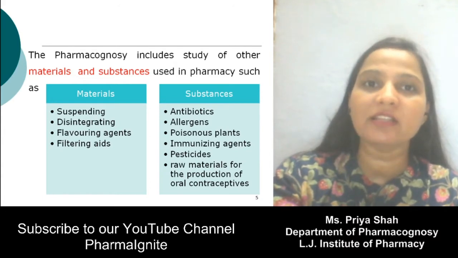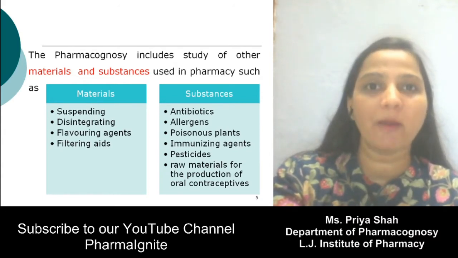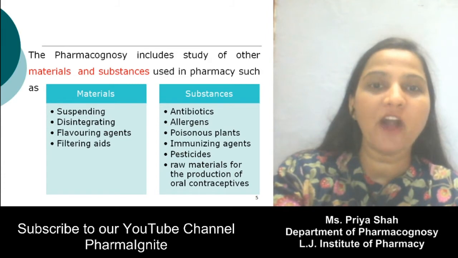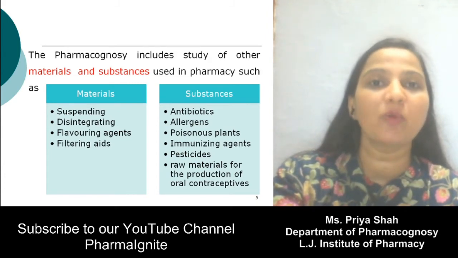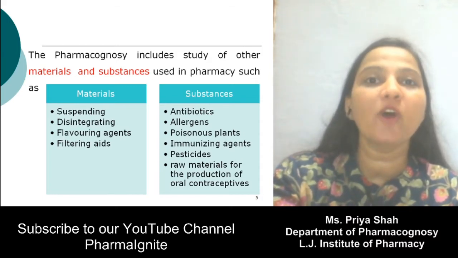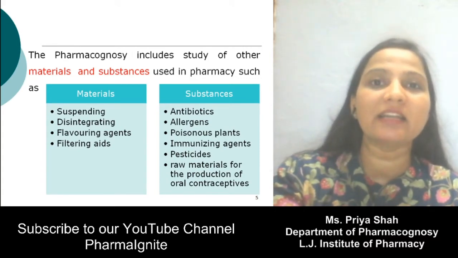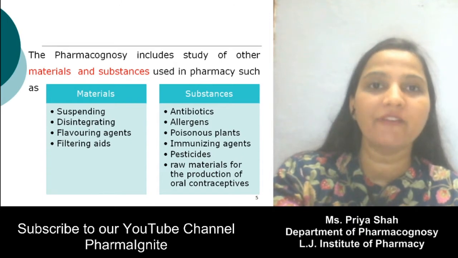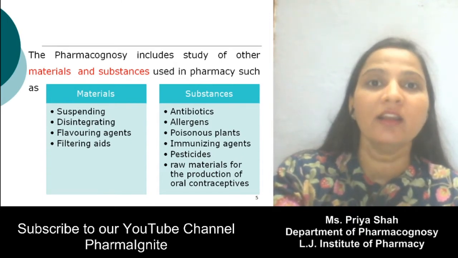There are various substances which come under pharmacognosy like antibiotics, immunomodulatory substances, pesticides, oral contraceptives and poisonous plants. The best example of an antibiotic is penicillin, which is obtained from a natural source. Immunomodulatory agents like ashwagandha, shatavari and guduchi have immunomodulatory activity and are used for the treatment of various diseases.